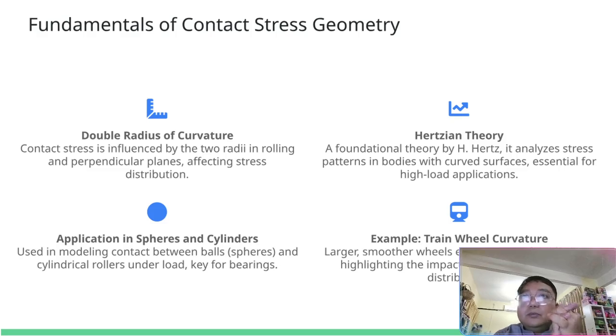For example, train wheel curvature: larger, smooth wheels experience reduced stress, highlighting the impact of curvature on stress distribution. Meaning that with the wheel of a train, or any wheel you can imagine on your car, when the wheel is large, the stress will be reduced. When the wheel is small, it has more stress, especially when you put a high load on it.